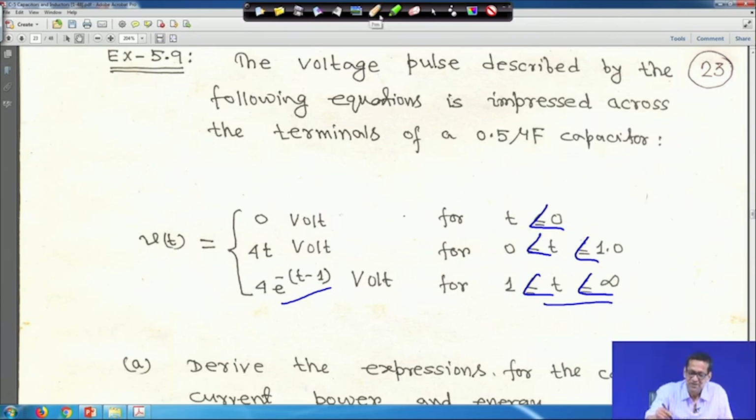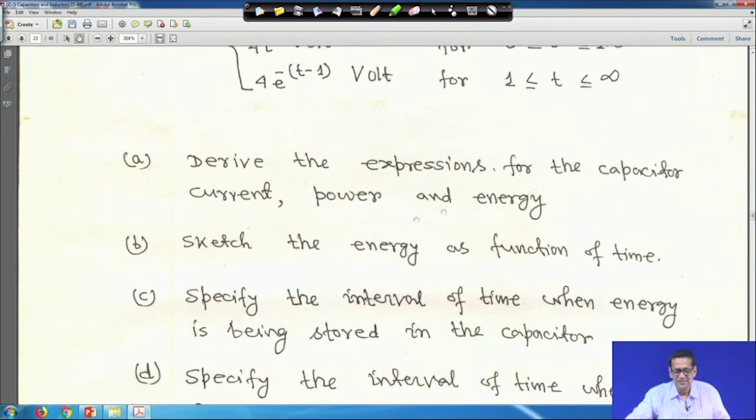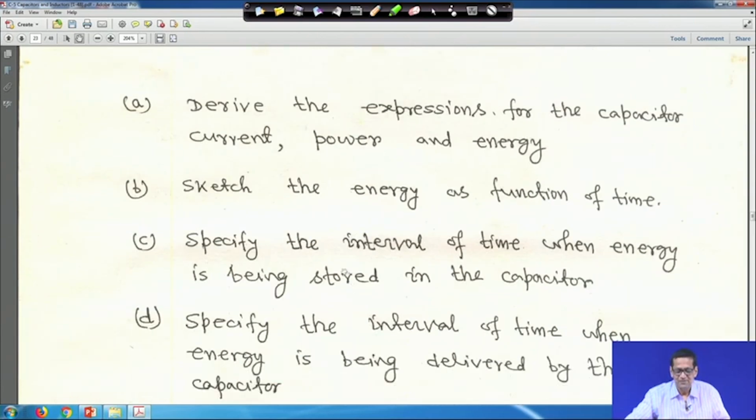So, what we have to do is derive the expression for the capacitor current, power and energy. This is A. B, sketch the energy as a function of time.